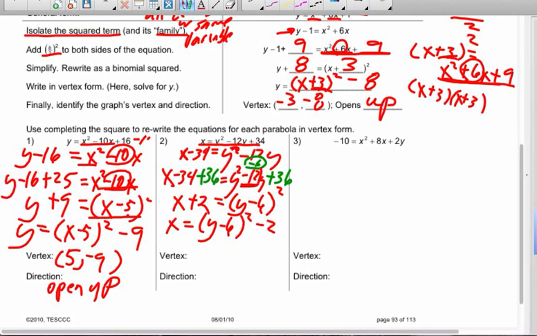So my vertex, there's my h now, because it's an x equals, is going to be negative 2, 6. It's positive, so this thing is going to open to the right.